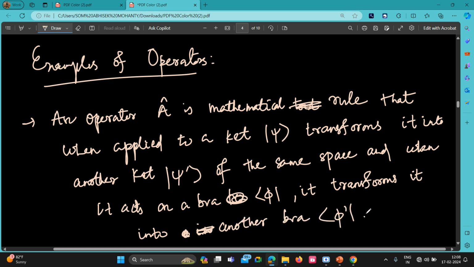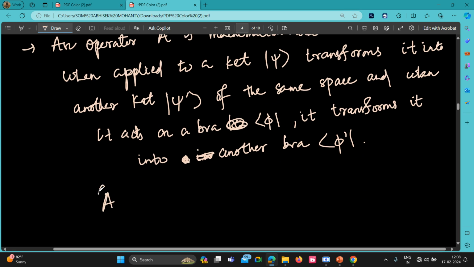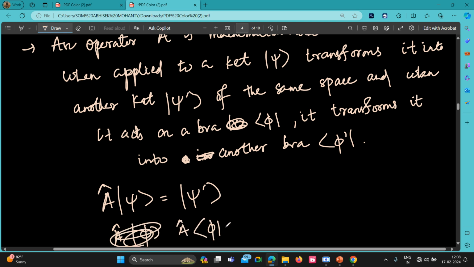Is it all right? Okay. Just a transformation of matrices. A psi will be just psi dash. It will just transform, and A phi will be phi dash. Okay. So that's the work of an operator.